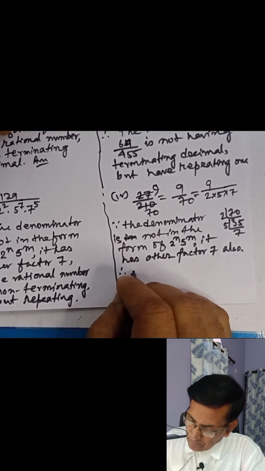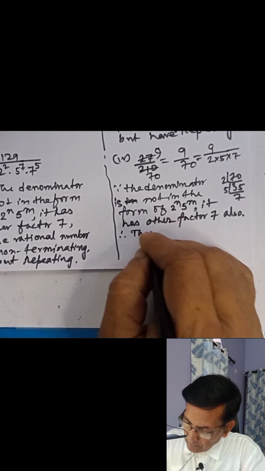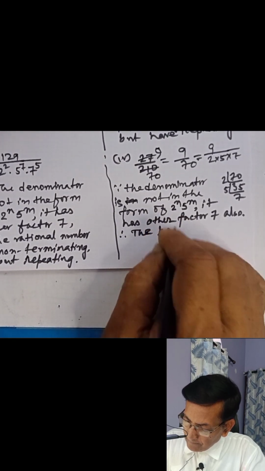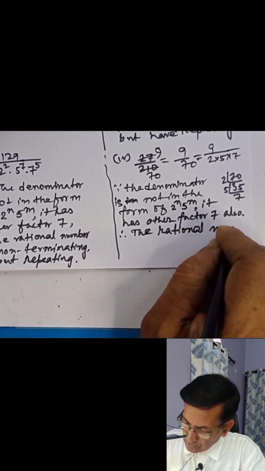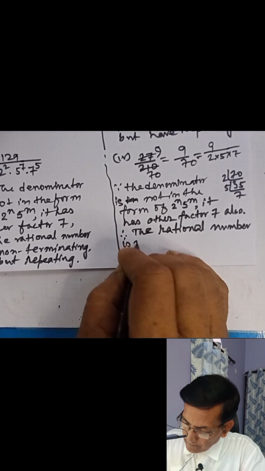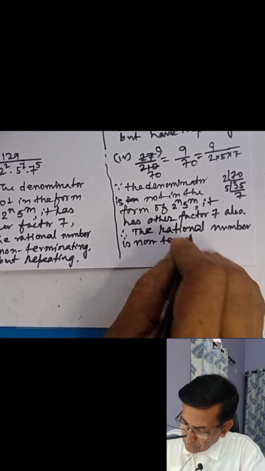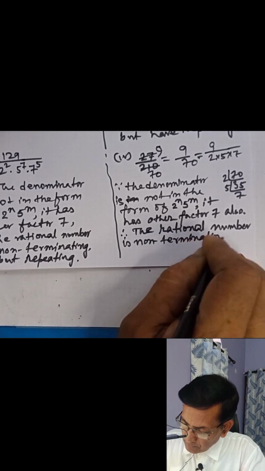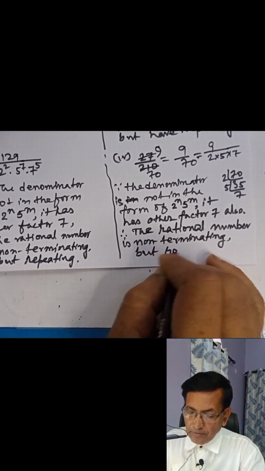Therefore, the rational number is non-terminating but repeating.